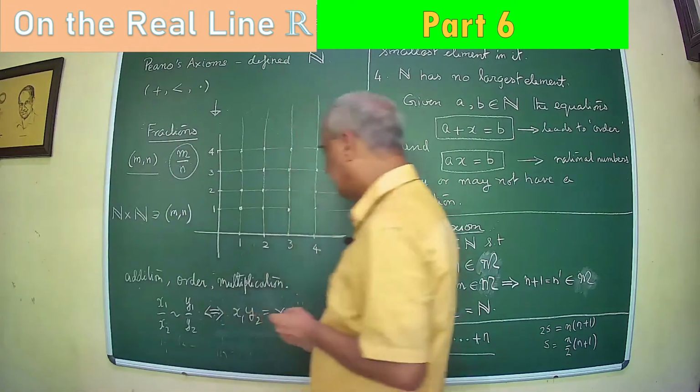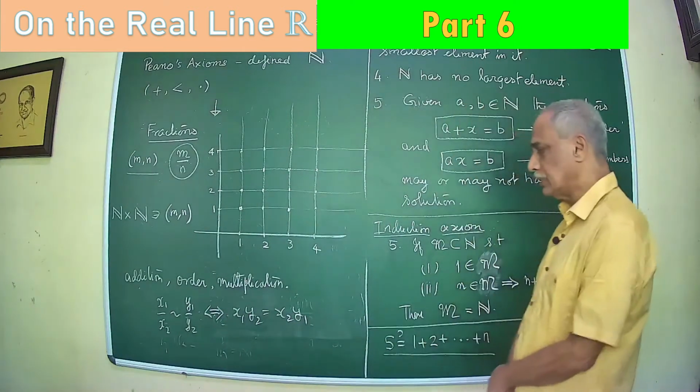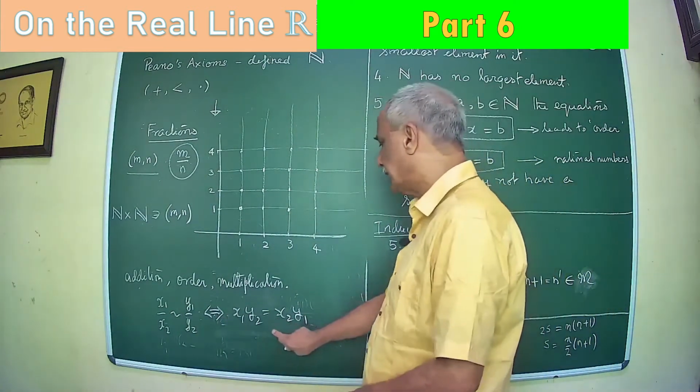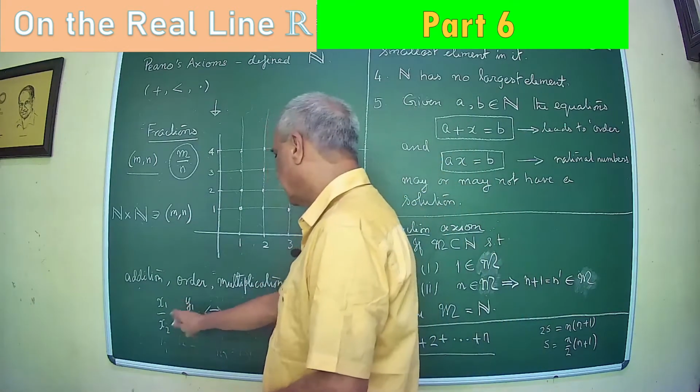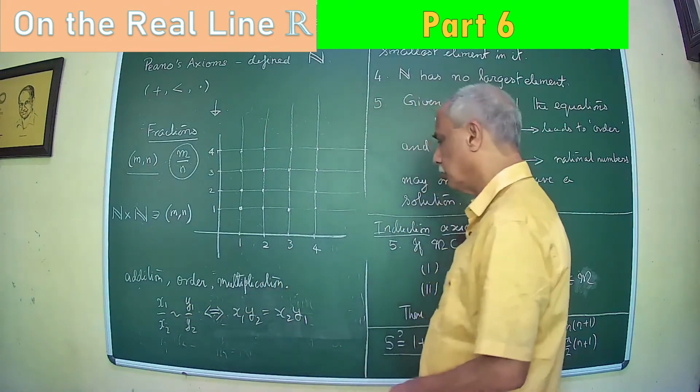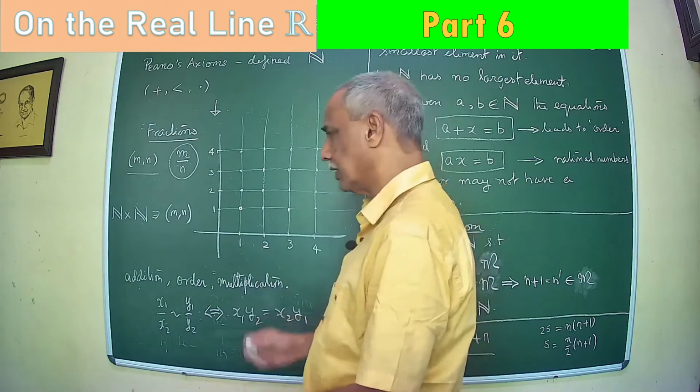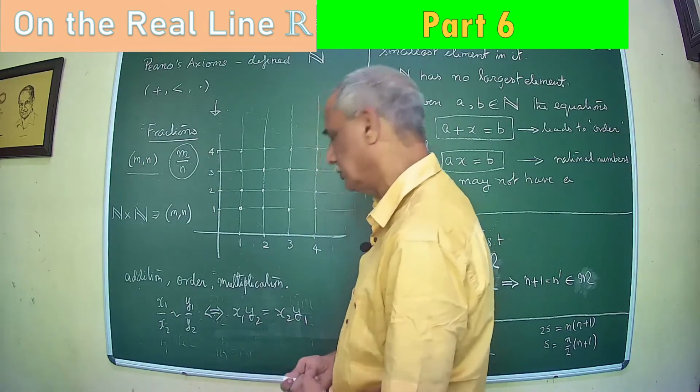Remember the same relationship. If you replace this by less than, then you have x1 by x2 less than y1 by y2. If you replace this by greater than, you get the greater than relation, and so on.